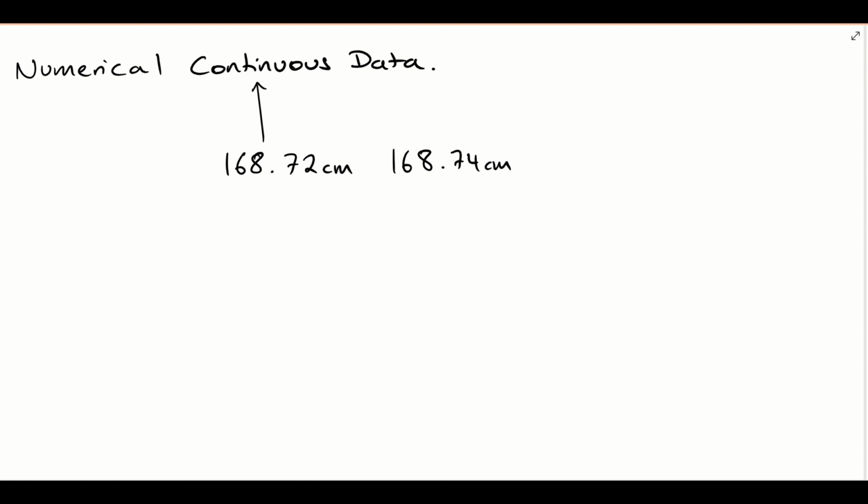Let's look at an example of how we're going to organize and then display this continuous data. We're going to need the class interval idea that we saw in the last video with discrete data. So let's take a look, our example being the height of a flower, and it might be a sunflower.